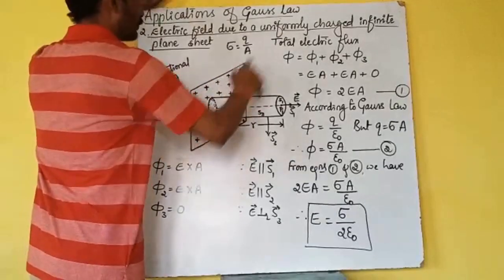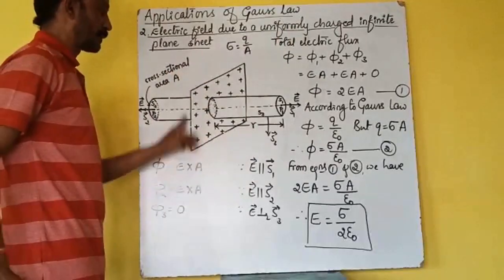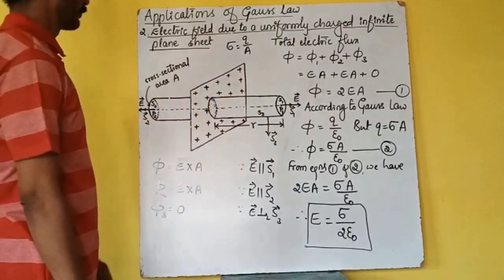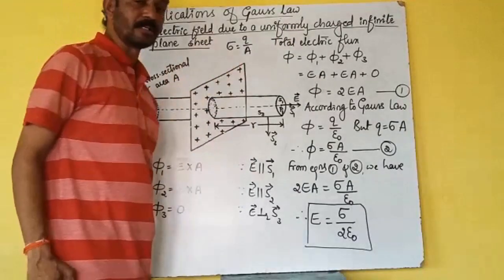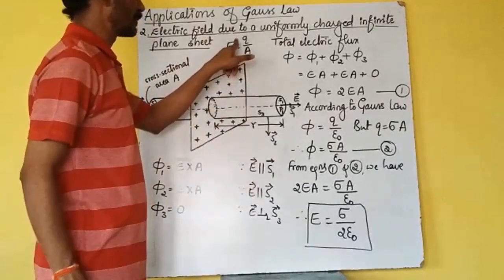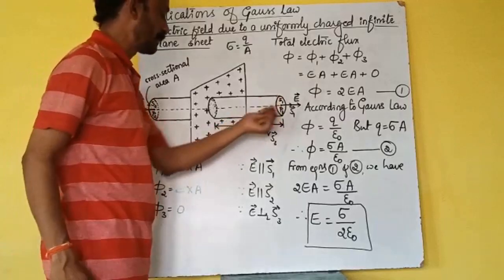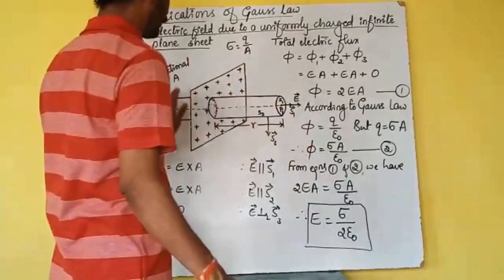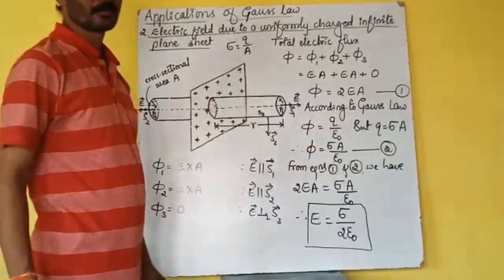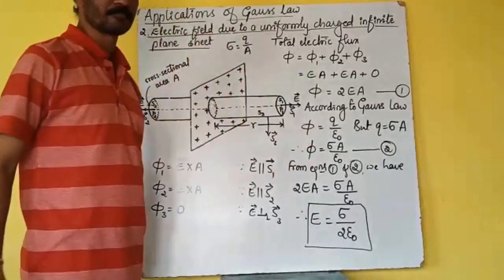Consider a uniformly charged infinite plane sheet. Let sigma be the surface charge density. Let P be a point at a distance r from the plane sheet, as shown in the figure.